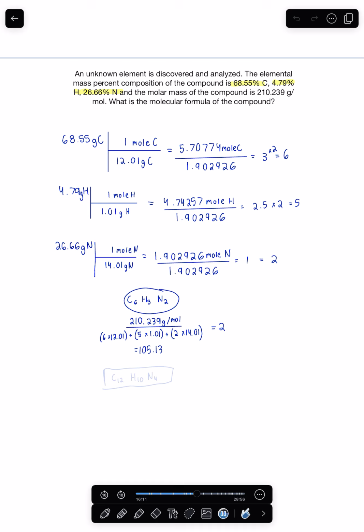So we are going to go ahead and times each of these little subscripts by 2. So our molecular formula will be C12H10N4. Okay.